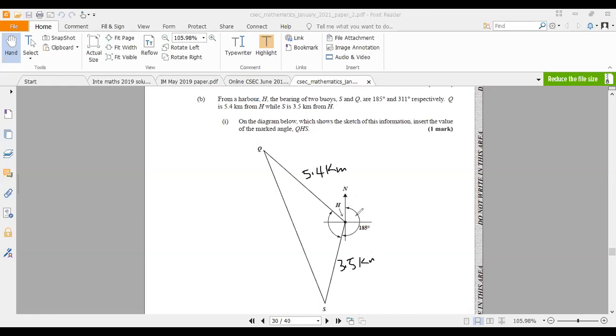Both of them are coming from H. One is going to the S and one is going to the what? Q. So the one going to the Q is 311. So that will start from here, the North Pole, go around and around until you reach here, then we'll stop. Right.